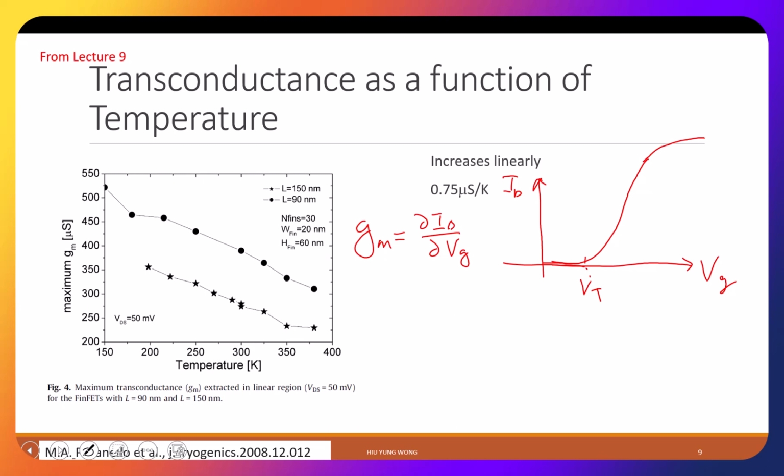Do you remember why this does not go up as fast when you reach this region? It is due to velocity saturation, because your VG is only increasing the gate voltage, right? You do not increase the electric field in the transport direction, right?